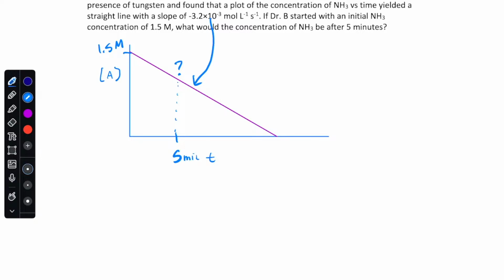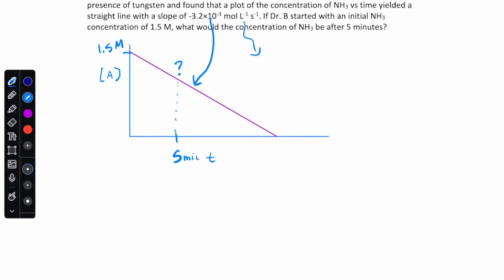We need to recognize what the order is first of all. This is going to be an integrated rate law question, but you're not told the order. You have to figure out what the order is based on two pieces of information. One is the units of the slope, the units of the rate constant, which tells you it's zero order.